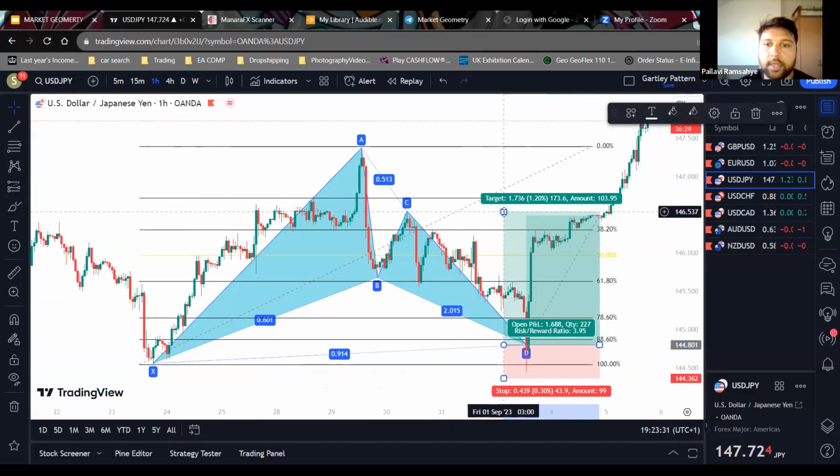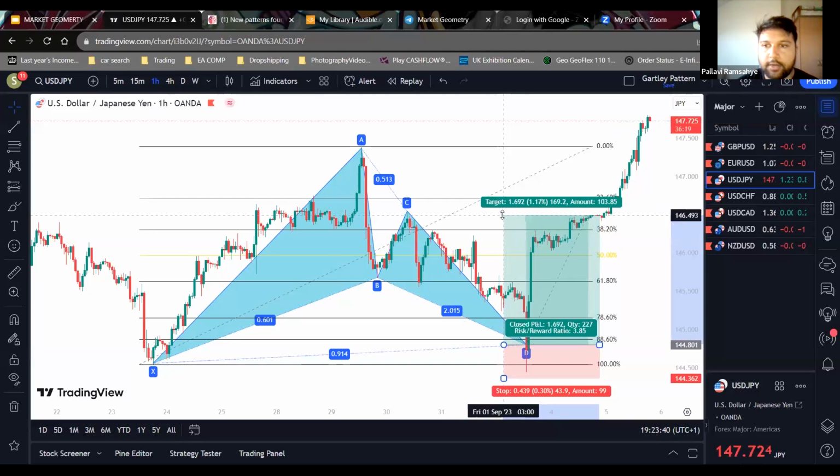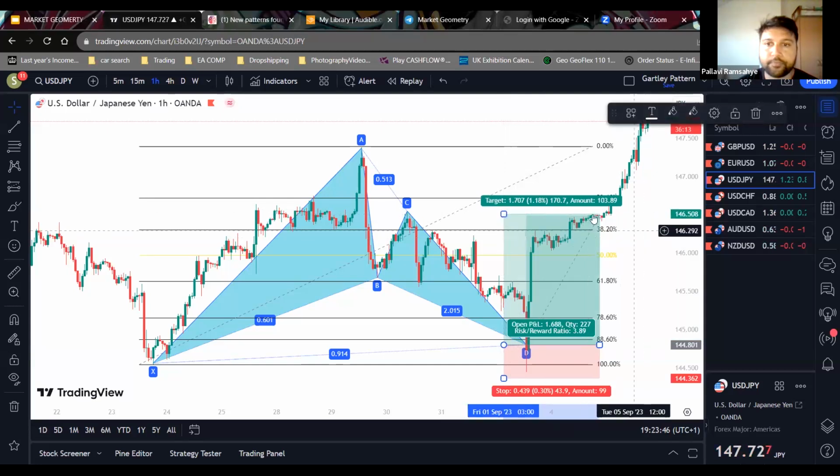So for the take profit, again, I would look for a round number as well. So I could bring it to like 146,500, okay? So again, that's sort of like a rounded number that you could look for.